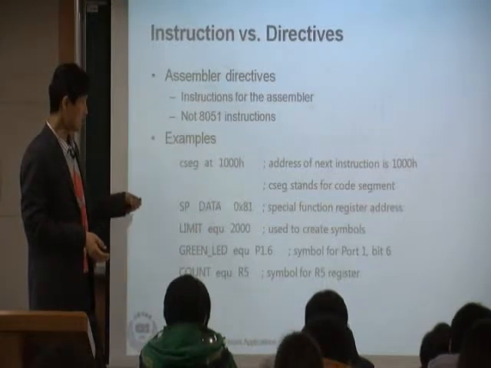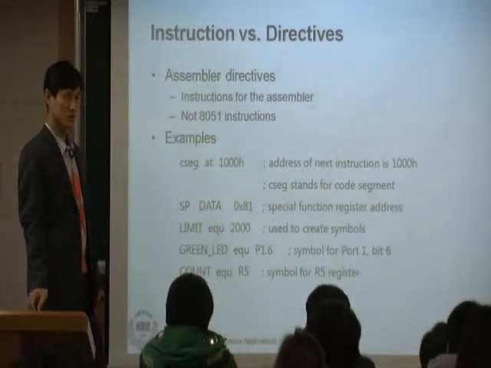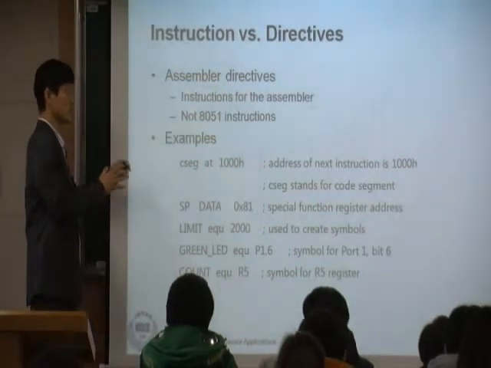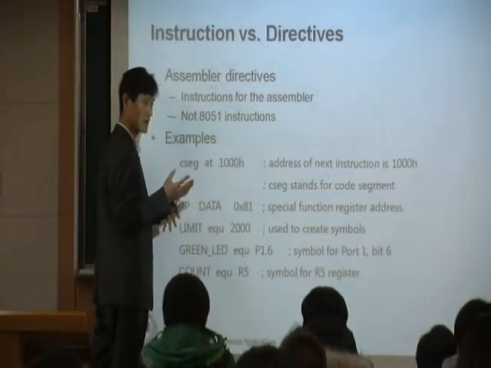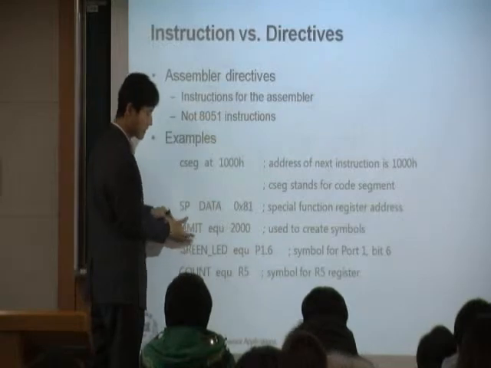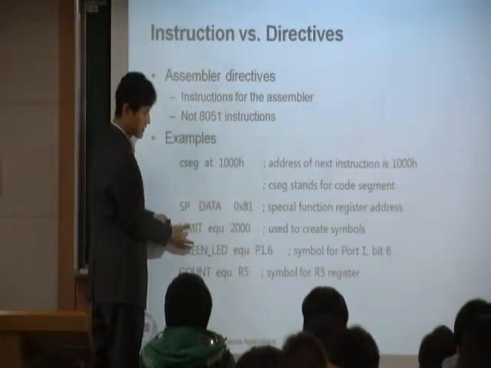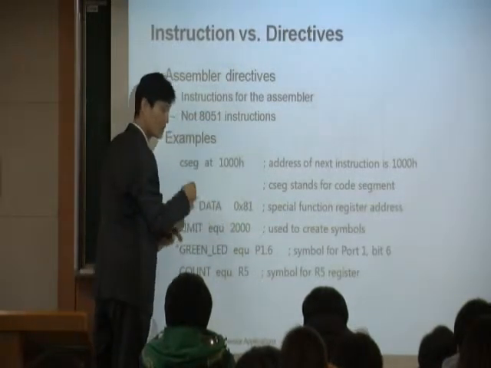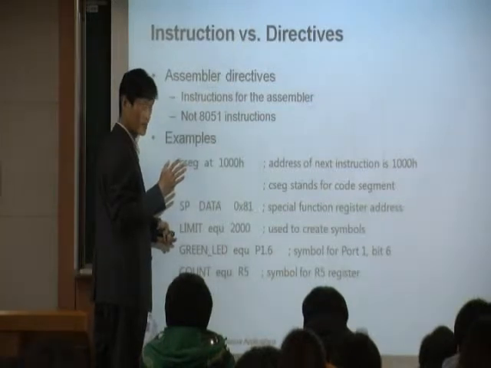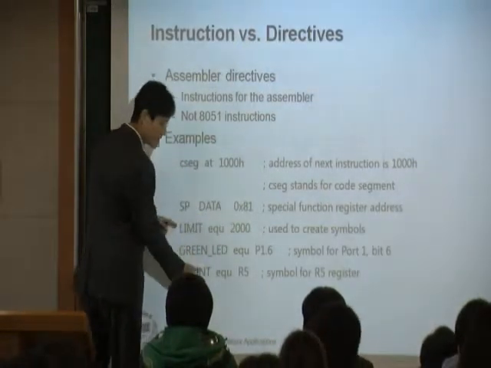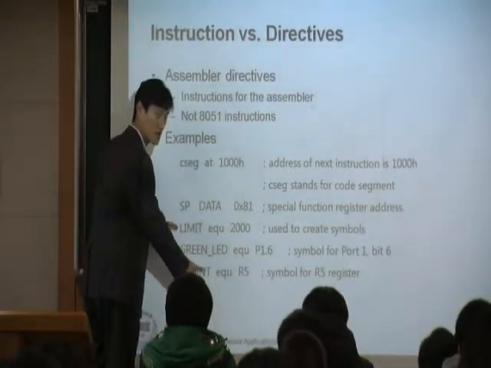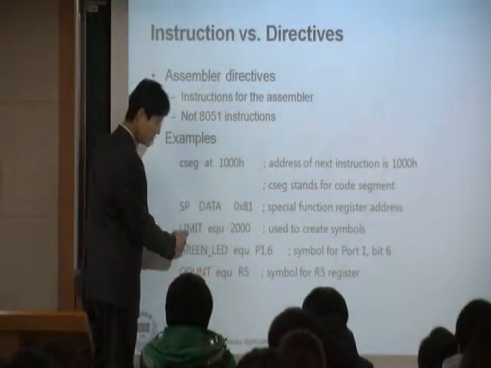But all of these lines are not instructions. So the assembler, in this case, will not convert each line into binary. The assembler will simply look at it and then use this value if necessary. For example, I have this line, and later in my actual assembly code, I will use limit.